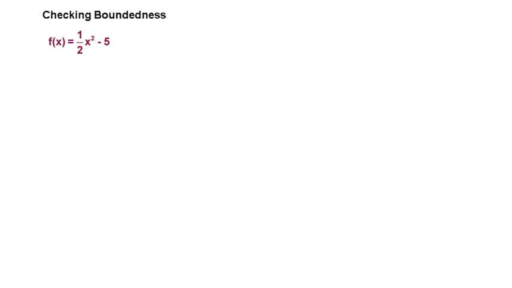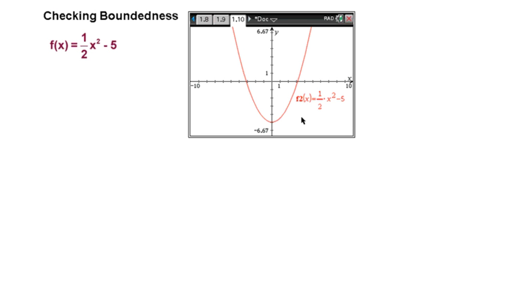Next, checking for boundedness. We have the function f(x) equals 1/2 x squared minus 5. And if we have the graph of this function, we see a lower boundary right here. So we say this function is bounded below, and not bounded above.